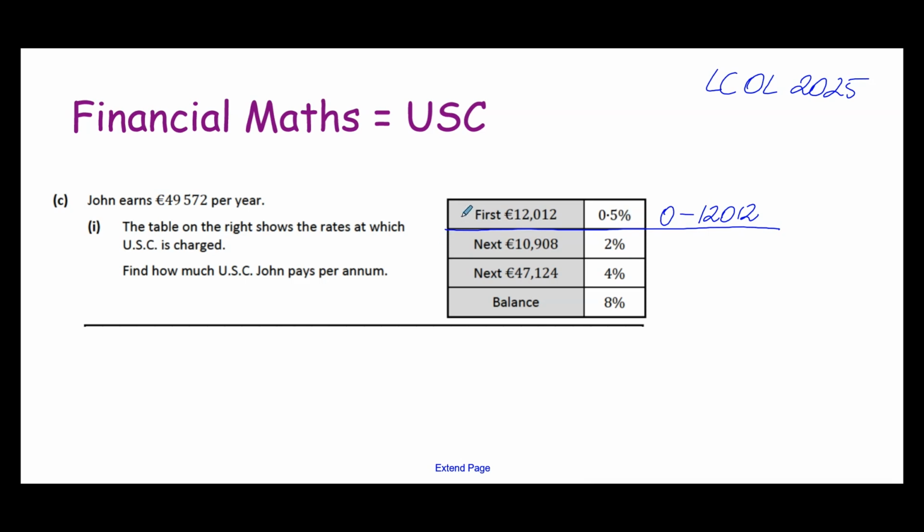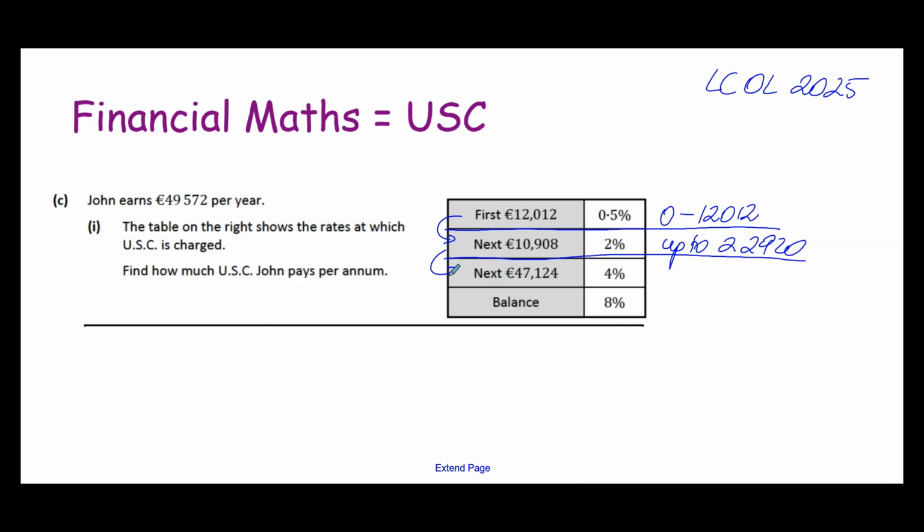But then if we add up to it next 10,000, so if somebody is earning up to 22,920, so anything between 0 and that 22,920, that person will be taxed at 0.5, and then the other part will be taxed at 2%.